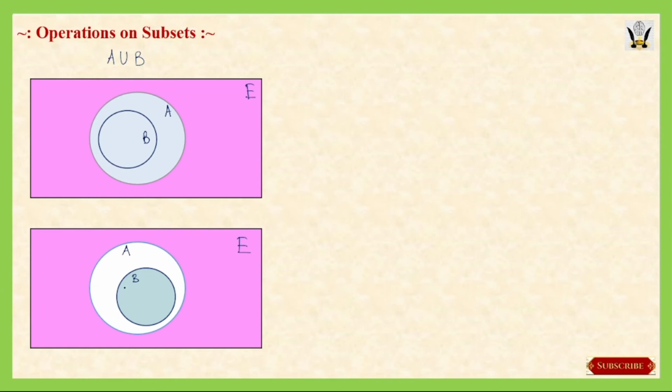So that means this shaded area, or this circle B, or set B, will be the result of the intersection operation between these subsets of E.